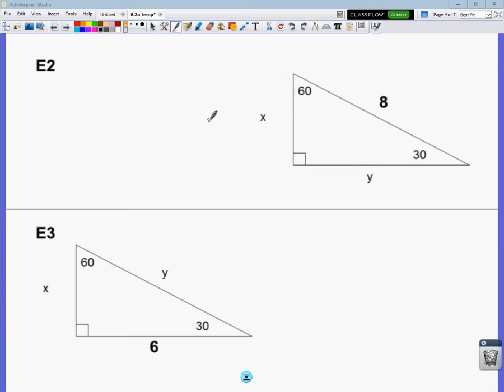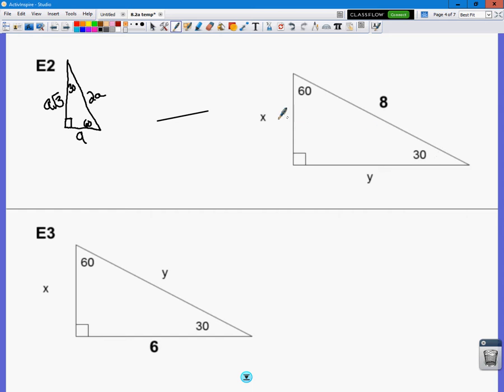Again, this is about being able to memorize that triangle. If you've memorized the triangle, then you know what's going to go across from the 30 is going to be a. What's going to go across from the 60 is going to be a square root of 3. And what goes across from the 90 is going to be 2a.